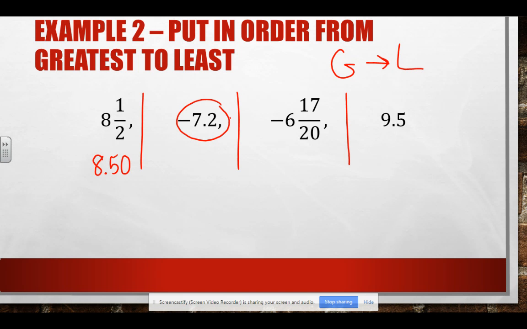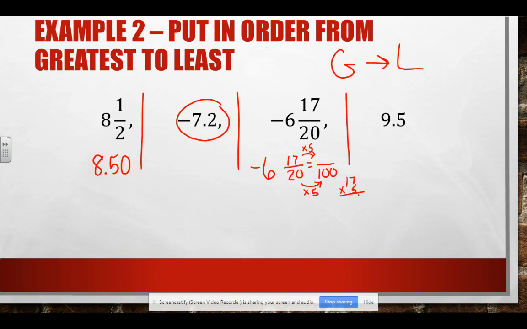My next one is negative 6 and 17/20. Now, the negative 6, we're going to leave. And then our 17/20, I could divide numerator by denominator, top and bottom out. But again, if I can compare to 100 and make an equivalent fraction, it's going to make my life so much simpler because I can take 17 and multiply that by 5.